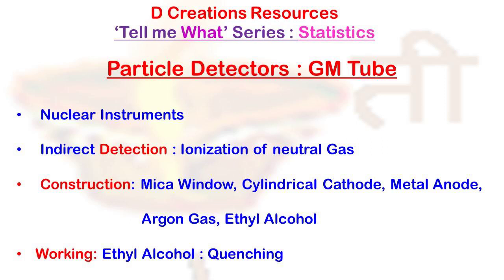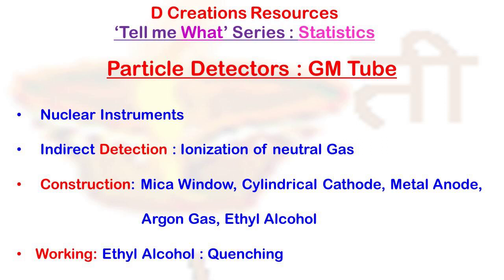Then how will the counter distinguish between the real avalanche that is due to the incoming radiation and this kind of avalanche? So in order to avoid that, or rather in order to distinguish, there is use of ethyl alcohol as a quencher. Sometimes there is self-quenching as well.